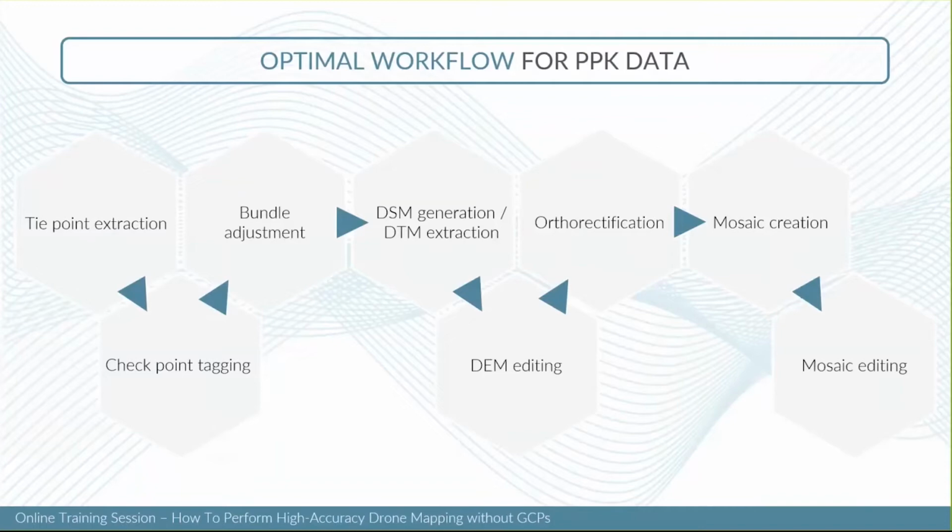Once your elevation data is good regarding your needs, you'll be able to perform the ortho rectification of all the images of your flight, and then generate a seamless mosaic with all the ortho photos. You'll also be able to edit the radiometric values of your mosaic and also work with the seamline editing of your mosaic.